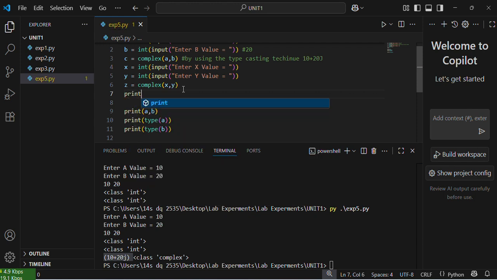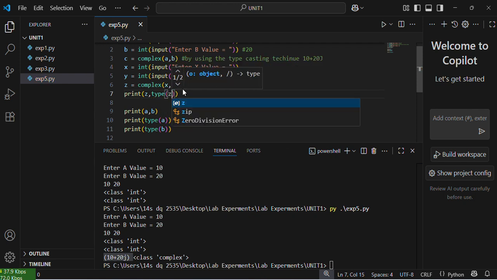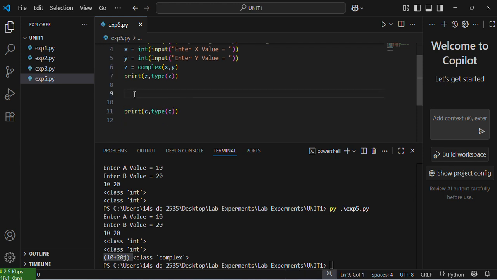Again I check z and the type of z. Just remove these statements.